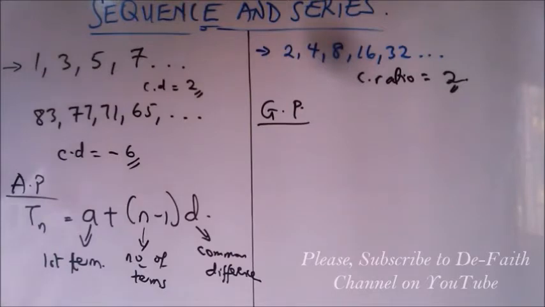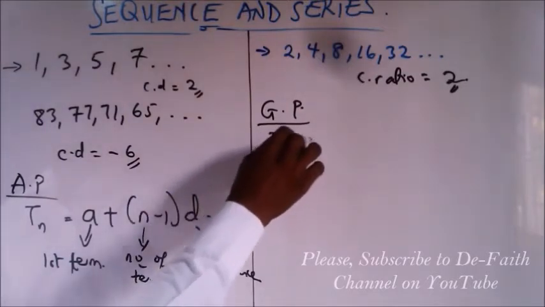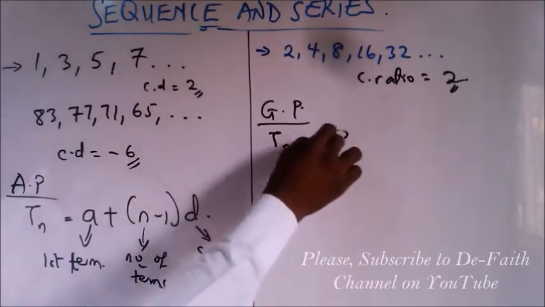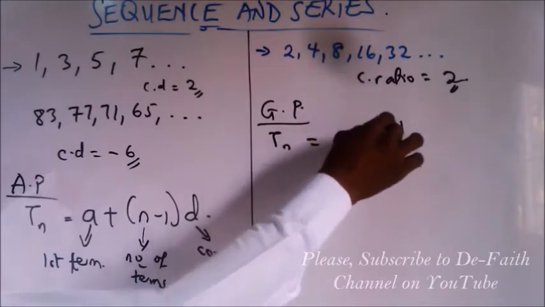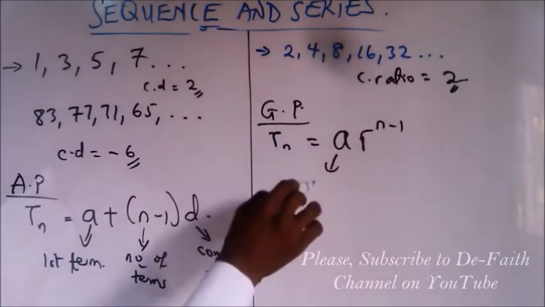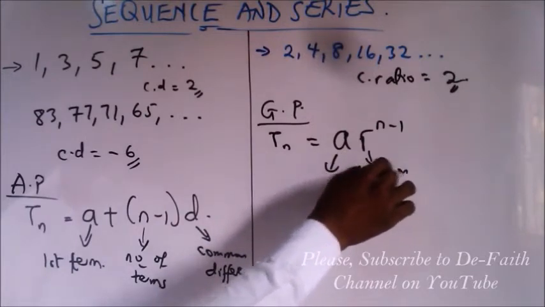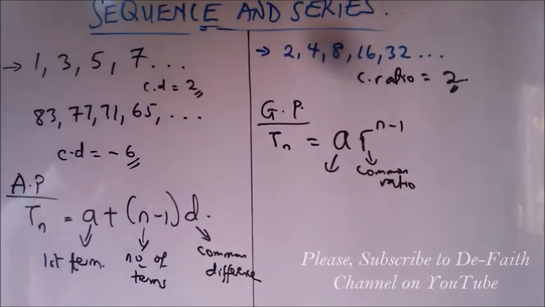And geometric sequence has a formula that the nth term, that is the term we are looking for, equals the first term multiplied by the common ratio to the power of n minus 1, where A is the first term, R is known as the common ratio, and n is the number of terms we are dealing with, minus 1.